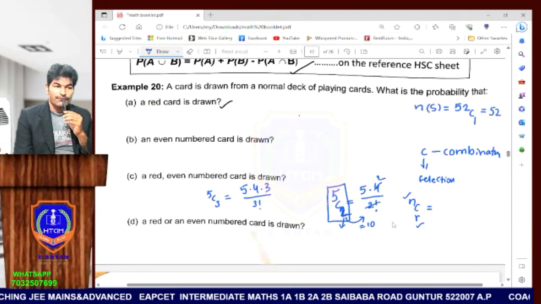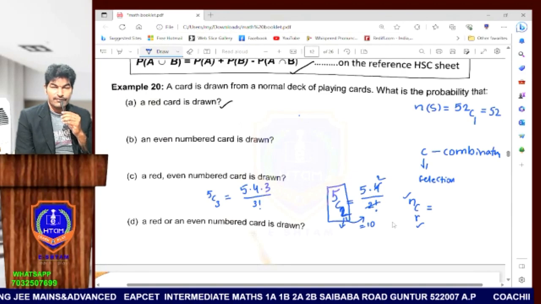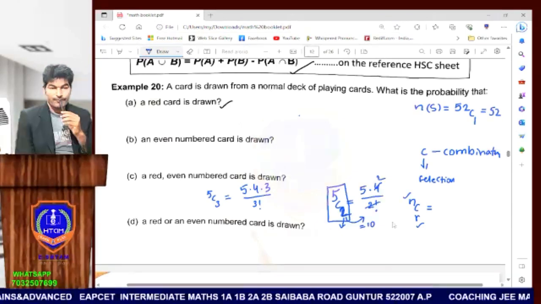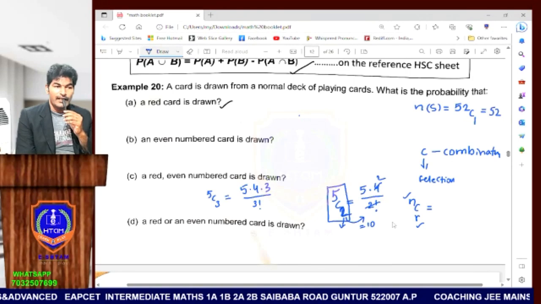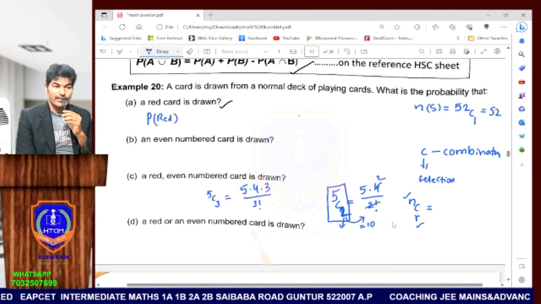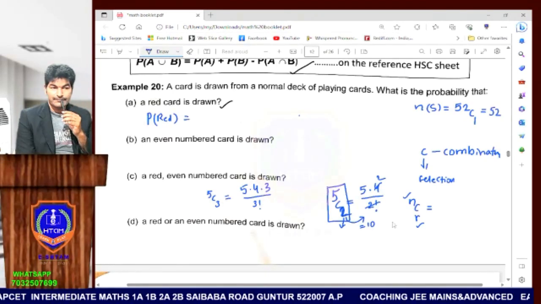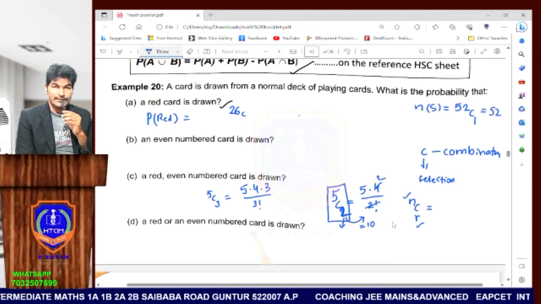From the deck of cards, there are 52 cards. Selecting one card from that is 52. And it should be a red card. How many red cards exist in the pack? 26. Yes, 26 is the correct answer: 13 hearts and 13 diamonds, total 26.